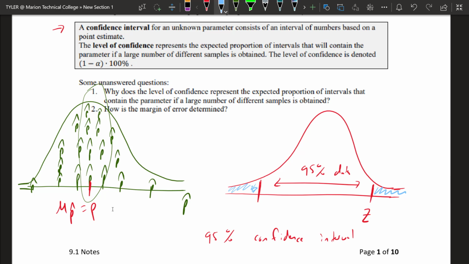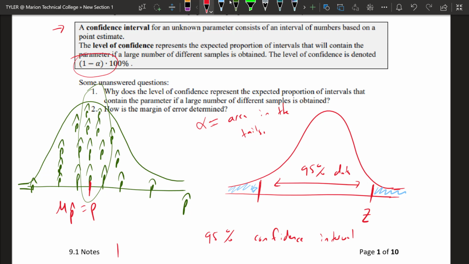So something that's important to think about is that this alpha value is going to be equal to the area in the tails, right? And the reason why that's the case is because notice that 1 minus alpha is going to be the confidence level.